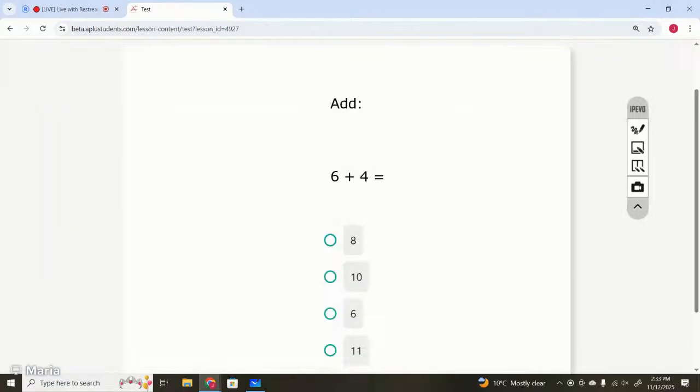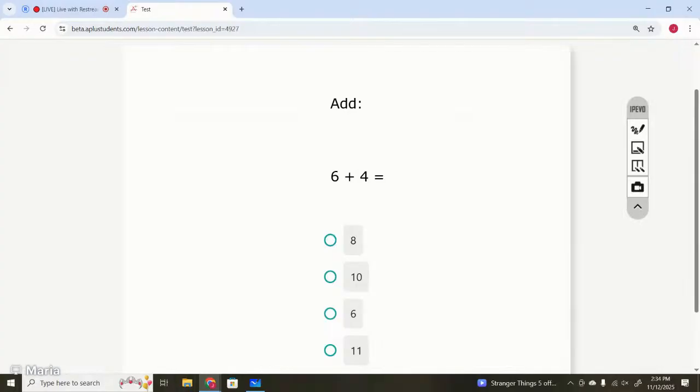6 plus 4, which is the correct option? 6 plus 4 equals 10.